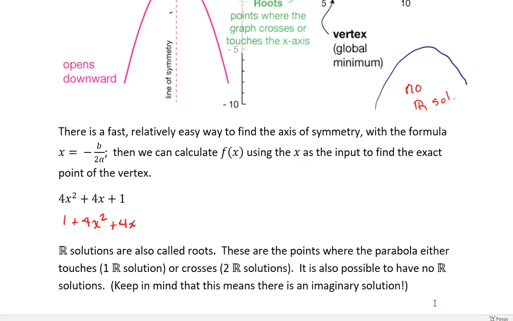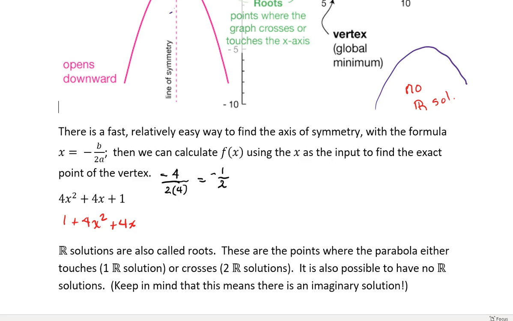where, using this, we're going to find our axis of symmetry. So my negative b, which is a 4, divided by 2 times 4. Now I can cancel my 4s out, and I'm going to get negative 1/2.